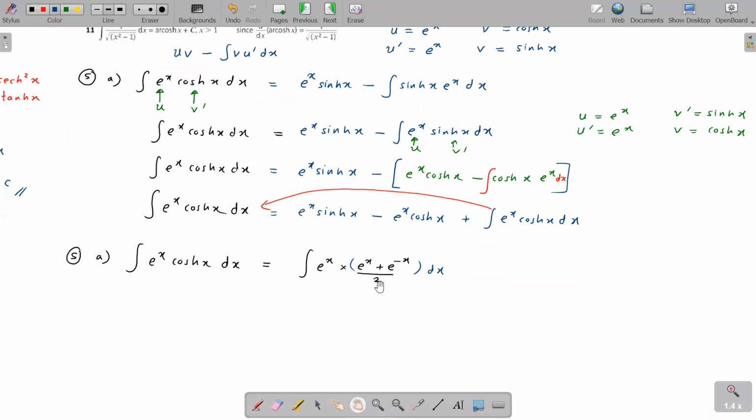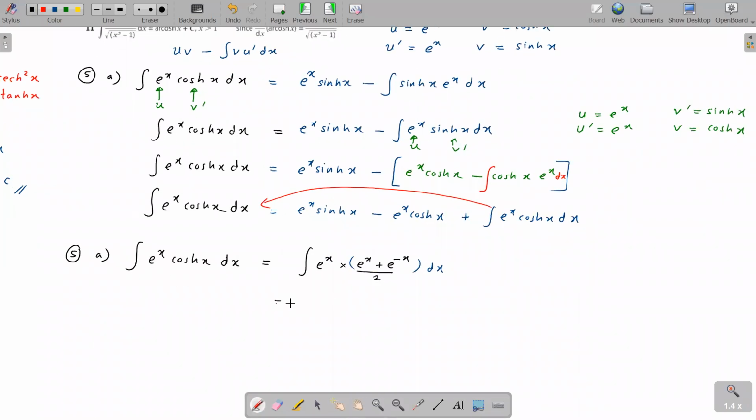Now before we integrate, we will simplify inside. I'll take the half out. Ex into ex is e to the 2x, plus ex into e to the minus x is e to the power 0, which is basically 1.